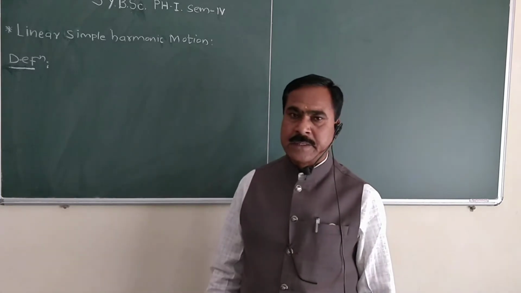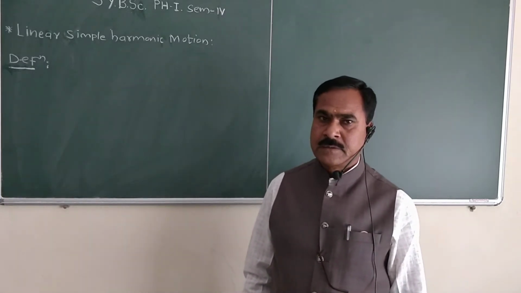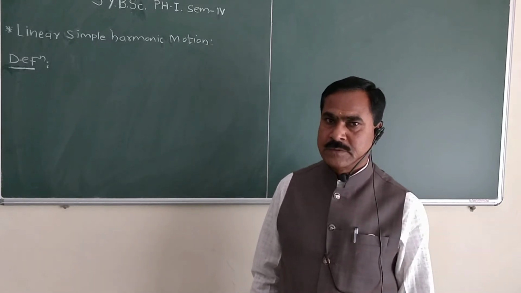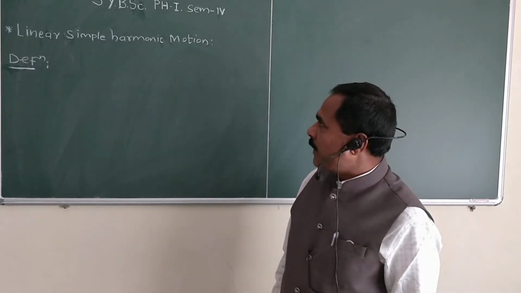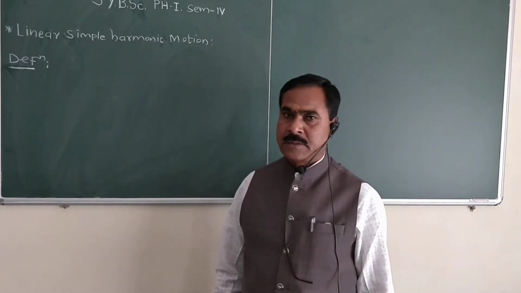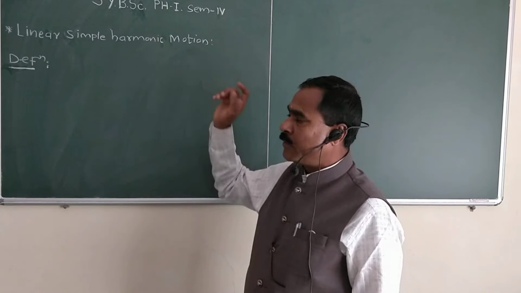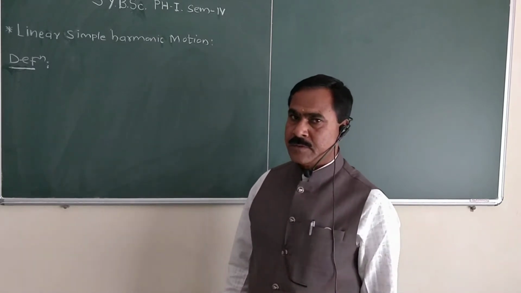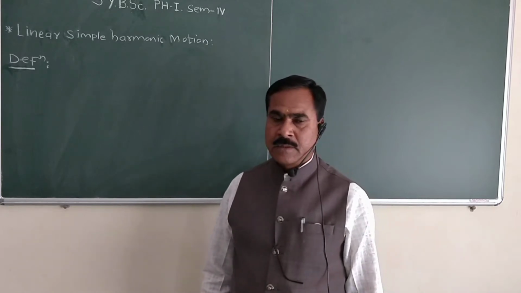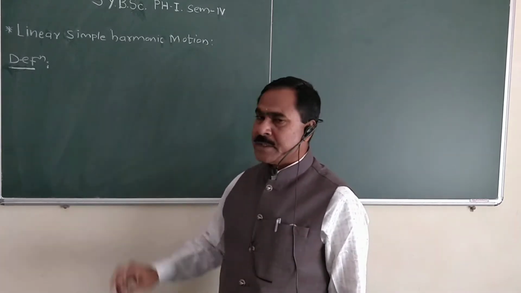Harmonic contains sine, cosine function, the function which repeats itself to its original value. That is the harmonic. And the word motion is the motion of any object. So for linear simple harmonic motion, we take the first definition.